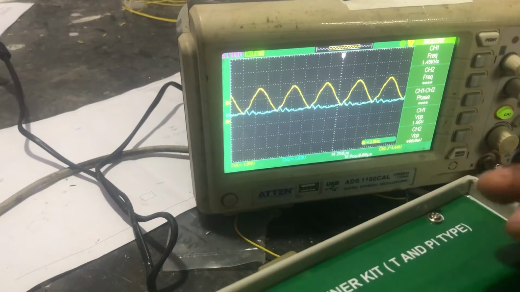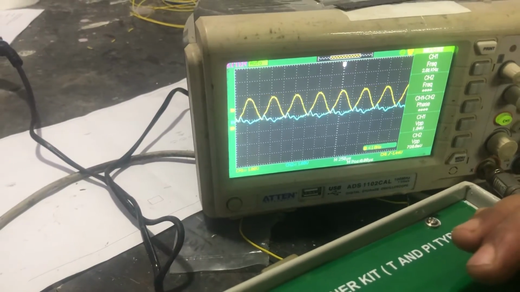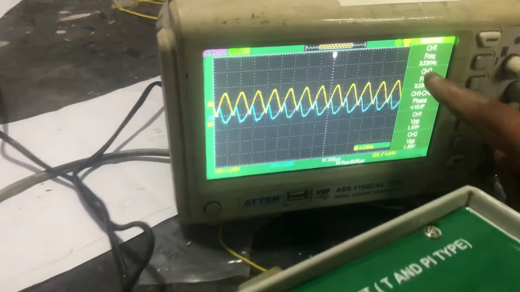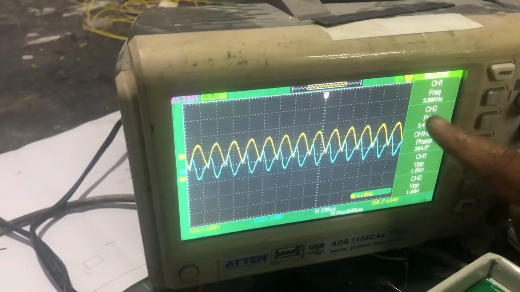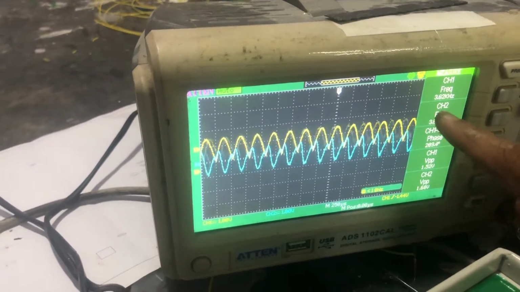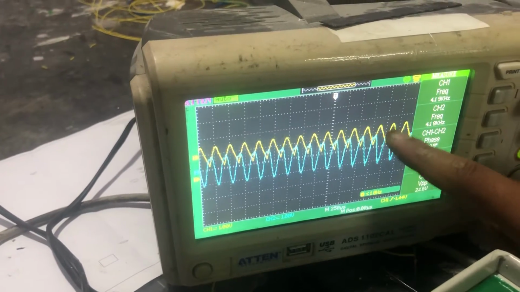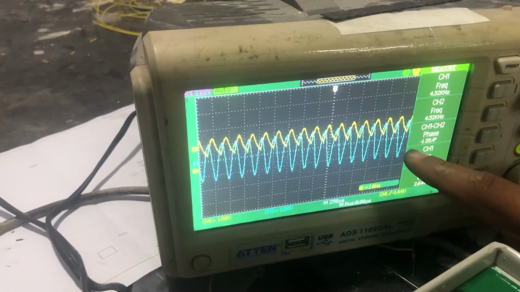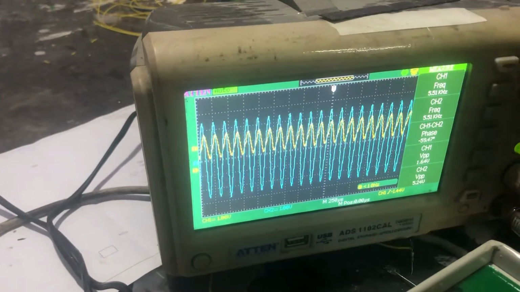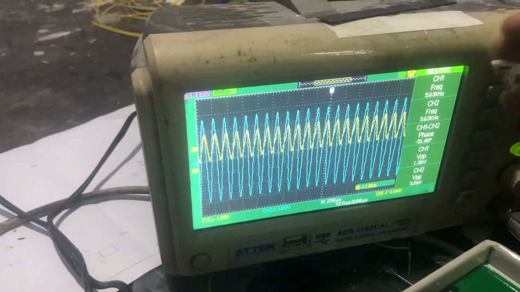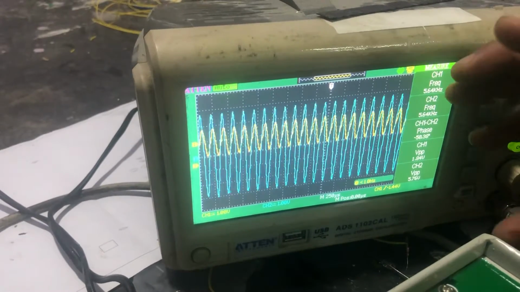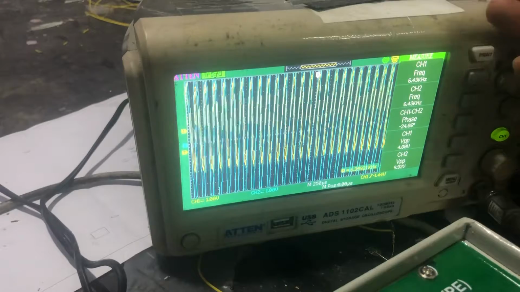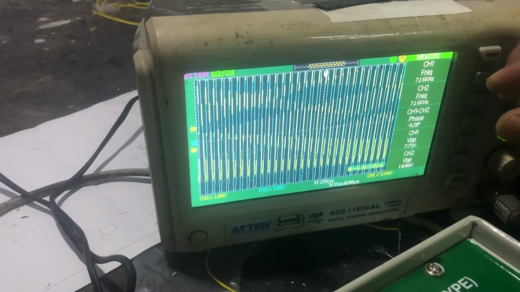You can calculate that near 4 kilohertz is the pass band frequency. When I increase the frequency to near 4 kilohertz, channel 1 and channel 2 are similar, so the frequency passes. When you increase the frequency, the channel 2 output peak to peak voltage gets higher and higher, so this is the pass band.